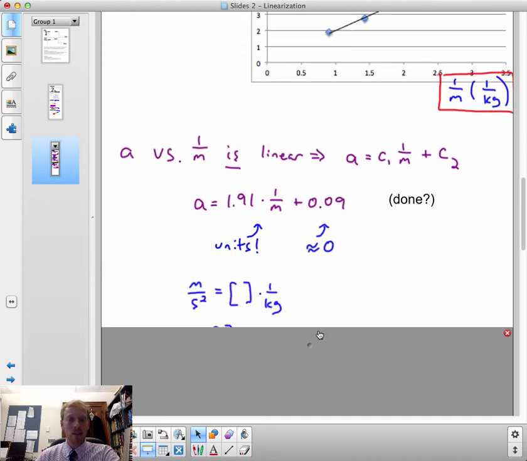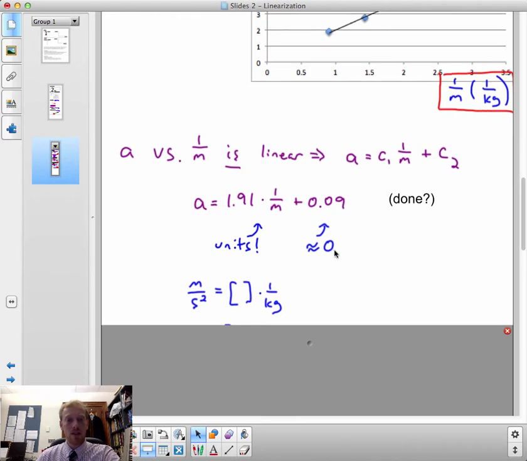And I'm going to ask myself, well, what should the units of this 1.91 be? Well, the units of the left side, the units of acceleration are meters per second squared. And that's going to be equal to whatever units I'm about to put on the 1.91. I've indicated that with empty square brackets. Times whatever the units of this are, that's units of 1 divided by kilograms.